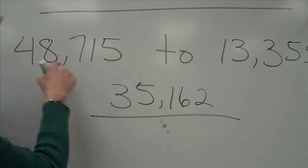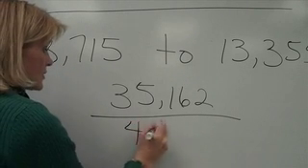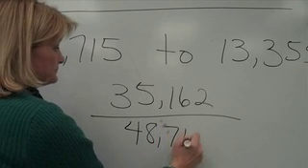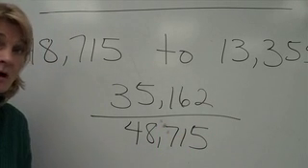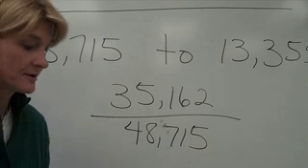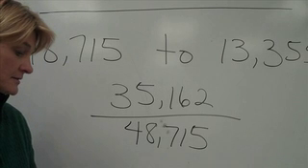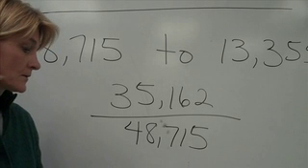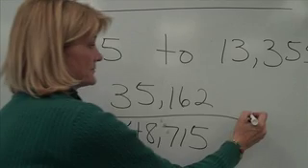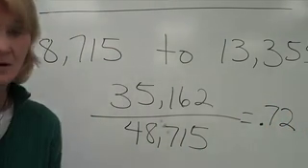Then you divide this by the original price. Always where you started from. Not the big one, not the small one, but the first one. So I'm going to take my calculator and divide that and see what I get. Okay, I'm going to get 0.72. All right?